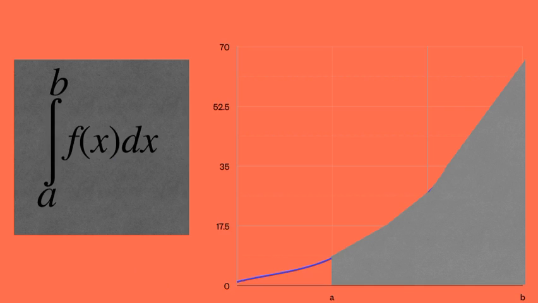So the best way to see why integrals and derivatives are super related is by using velocity. So let's say that this is your velocity curve, and for some reason you don't know how far you've traveled, but you know all your velocities over this interval of time that you've driven your car, let's say.